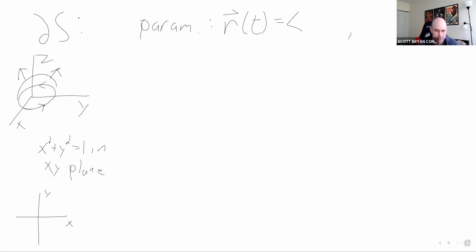And let's see what happens with X and Y. So we have the unit circle, and we're going around counterclockwise if you're looking down on it. How do we parameterize the unit circle going around counterclockwise? X is going to be what?